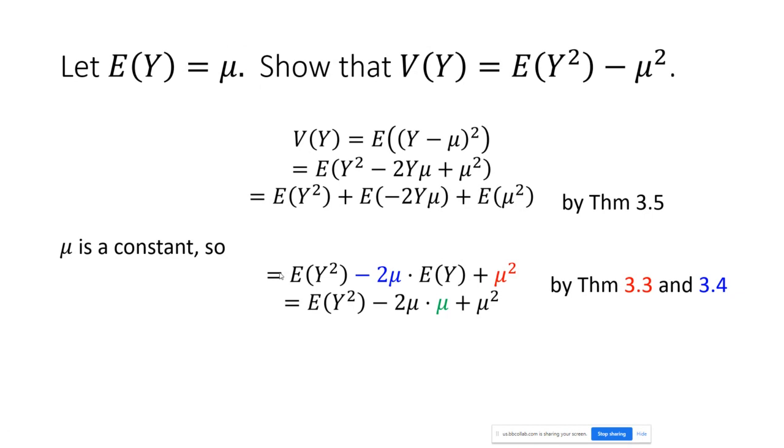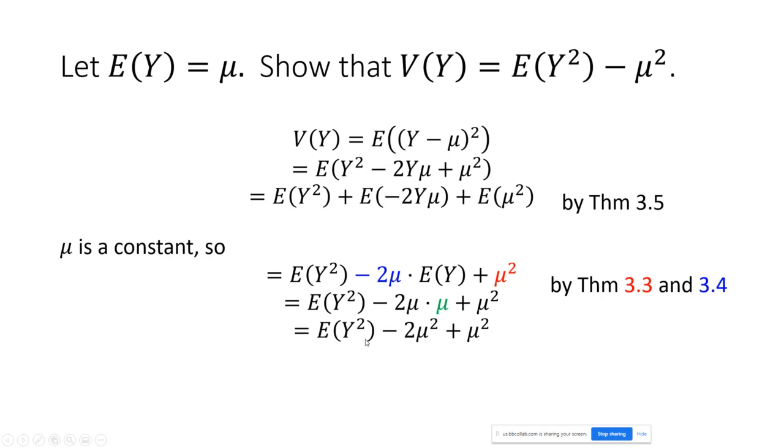All right, so now we can apply the fact that the expected value of y equals mu to turn this expected value of y into mu. And now we can simplify this algebraically.